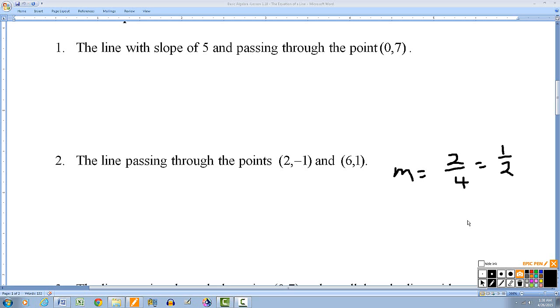And then using the point slope form, I would just select my variable y minus, so again, it doesn't really matter which point you use here, whether you use the point (2, -1) or (6, 1).